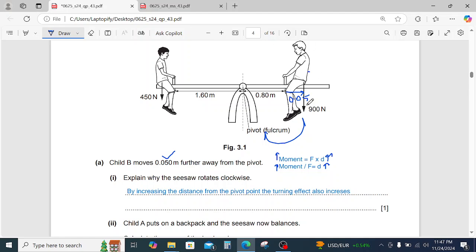To balance this, child A wears some bags behind. That means it is wearing some bag here. So the question is that you have to find the mass of this bag. It is not mentioned as weight. Weight is basically the force. So you have to find the mass of that bag.